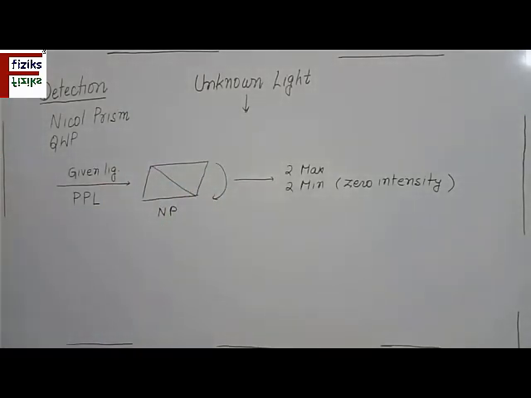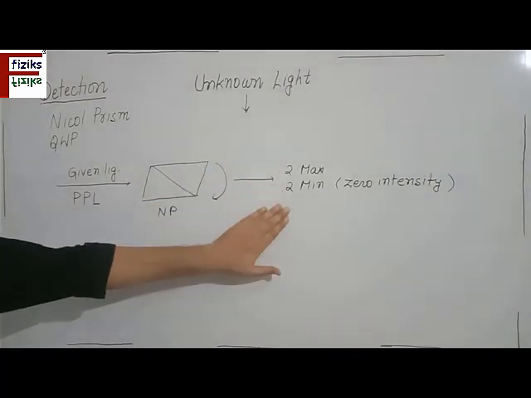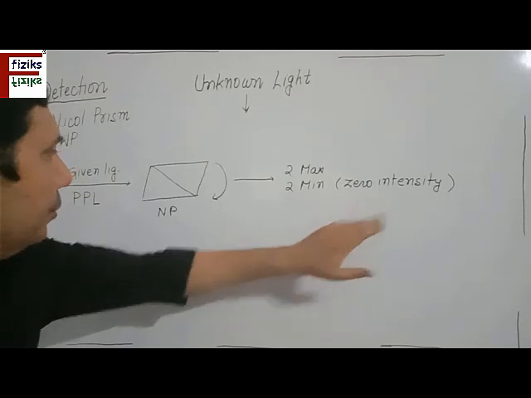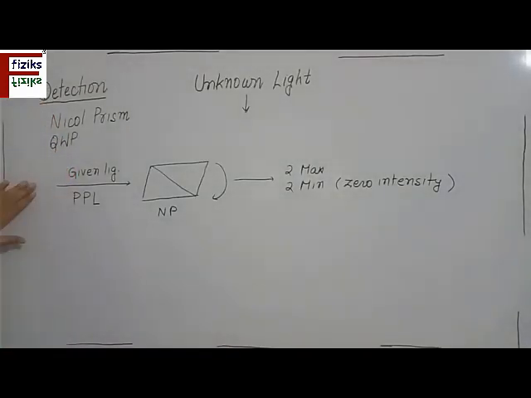So if the given light is PPL, we will get two maxima and two minima with zero intensity. If the given light is passed through the rotating Nicol prism and we get two maximum intensity positions and two minima with zero intensity, then surely we can say that the given light is PPL. So this is the first case.